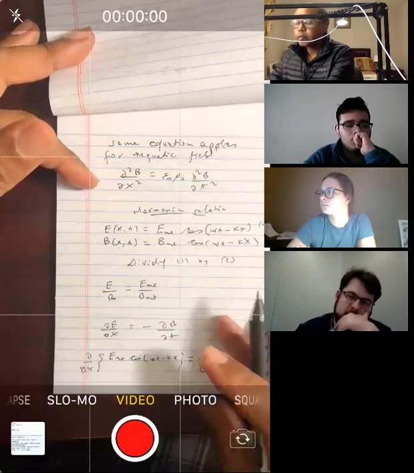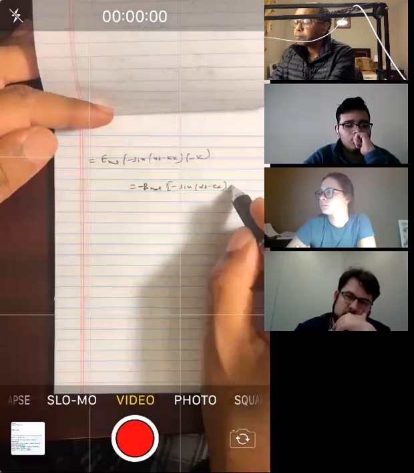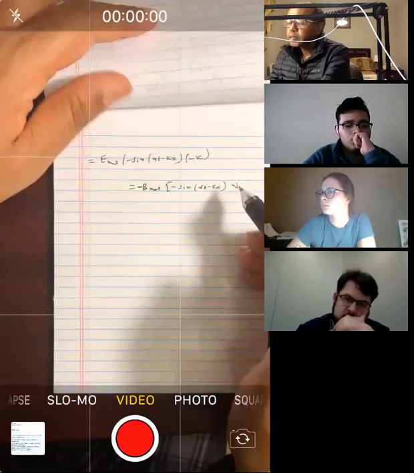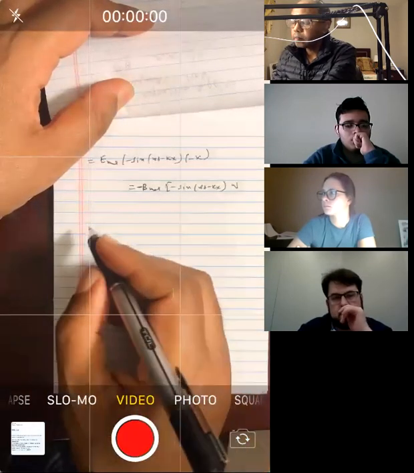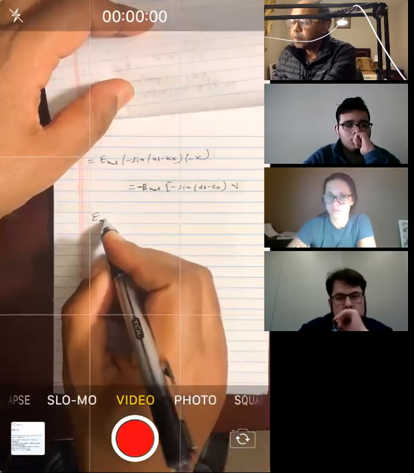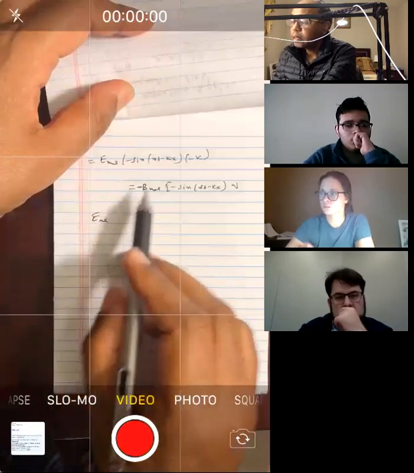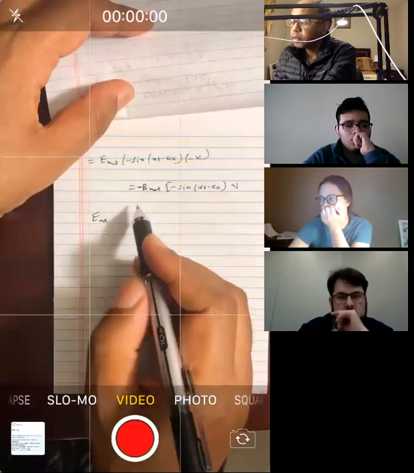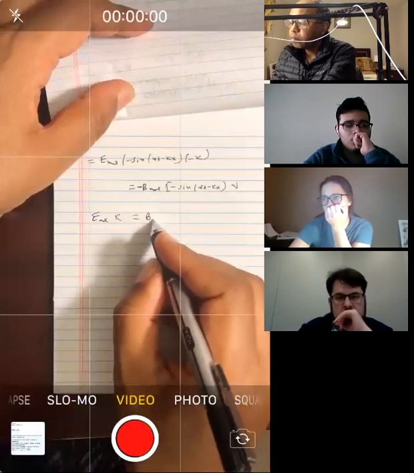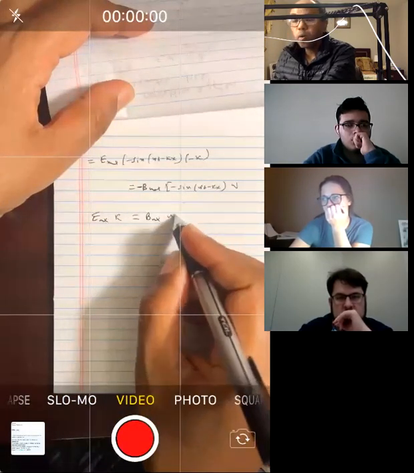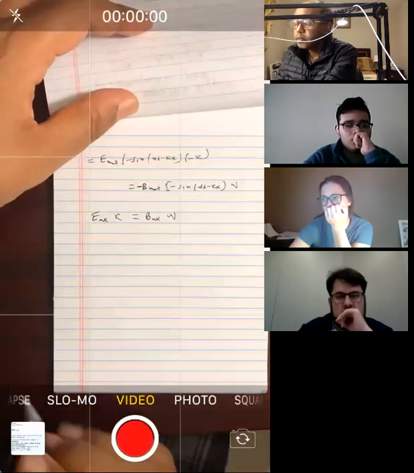So you see, the signs cancel out. We got the following: E max times k equals B max times omega. You see that?